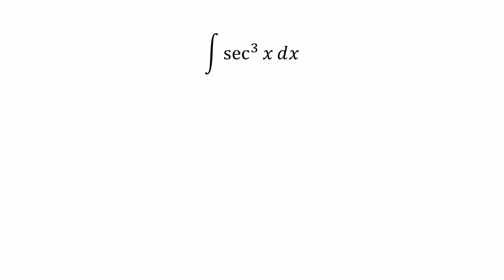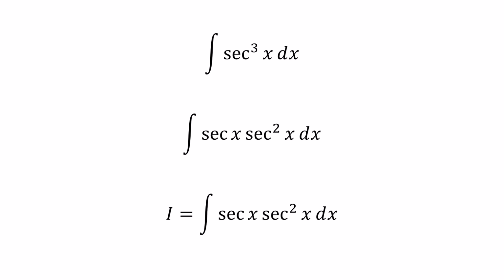This gives the integral of secant of x, secant squared of x dx. Now we set I equals the integral of secant of x, secant squared of x dx.